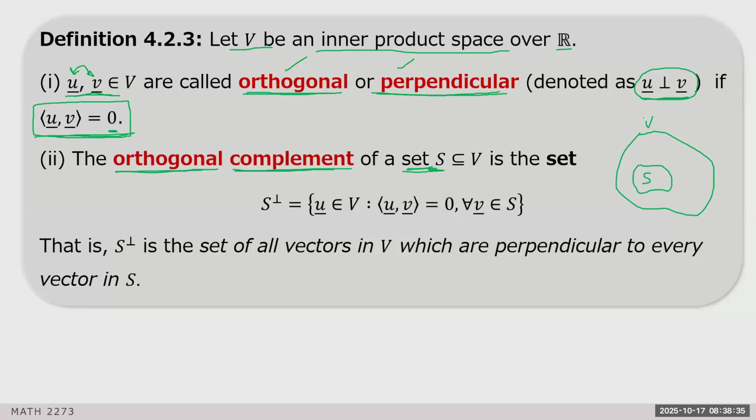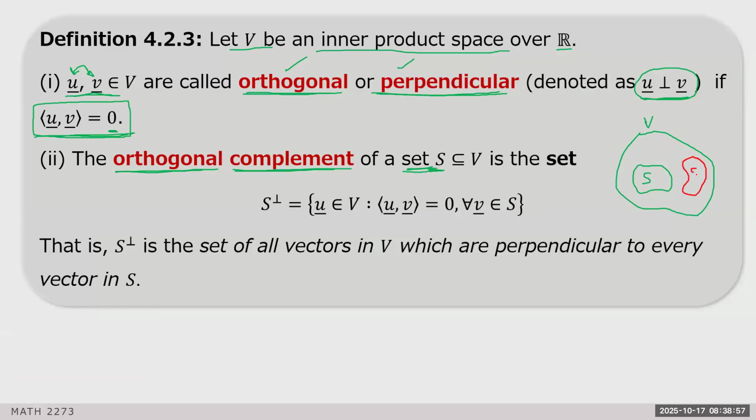Using the set S, I'm going to construct a new set. And this new set could overlap S. It doesn't have to. Well, actually, we will see. We have to prove some things.